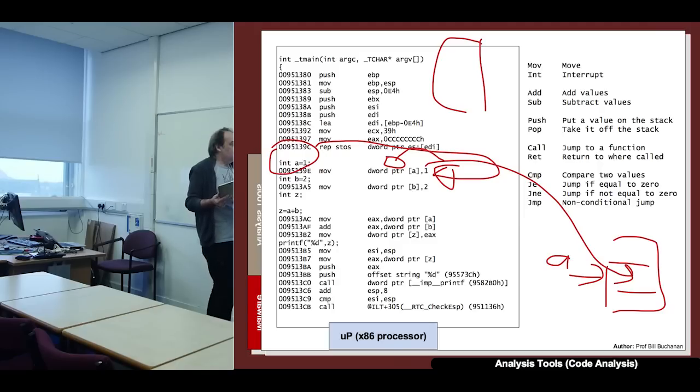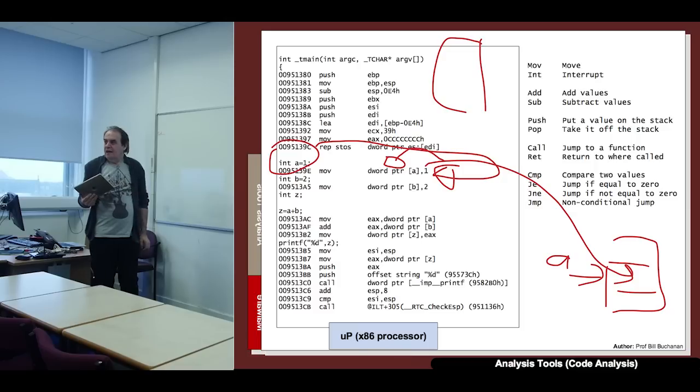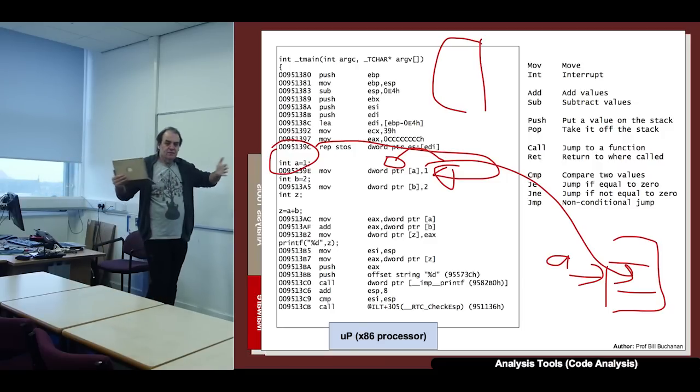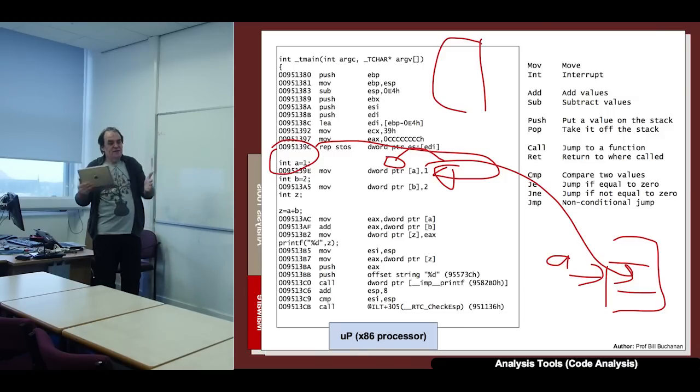When we add two numbers together, we take what's in the contents of A and put it into the EAX register. What's the difference between EAX and AX? I'll explain it in a little minute. AX is 16 bits and EAX is 32 bits, and RAX is 64 bits. So when a program's running in 64-bit mode, its registers are a lot bigger. If it's running in compatibility mode, it's running 32-bit registers, and you can even get 8 bits.